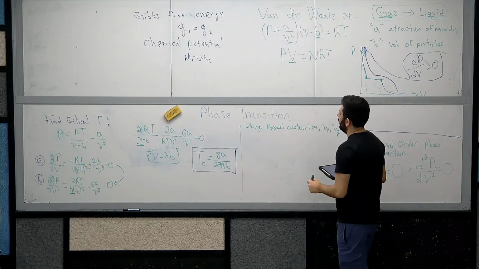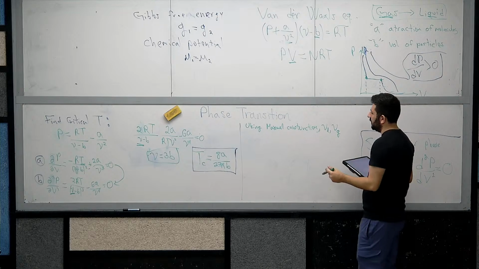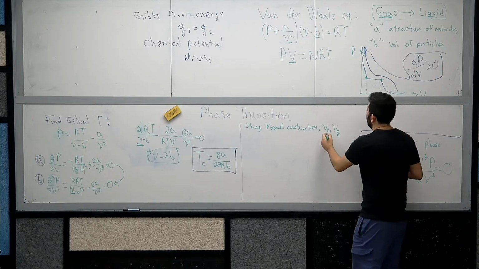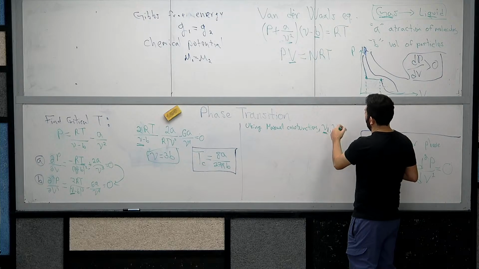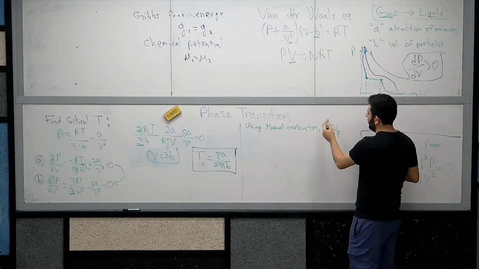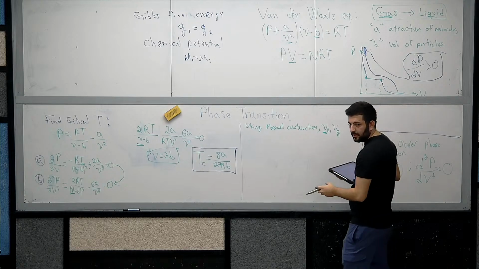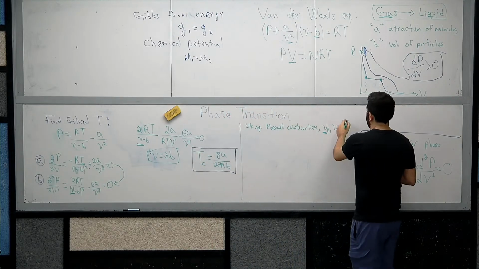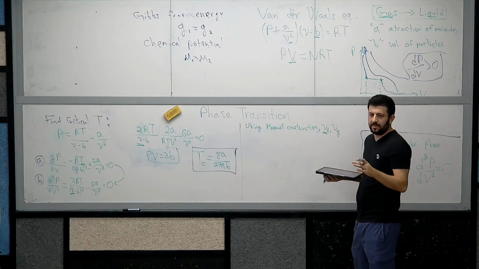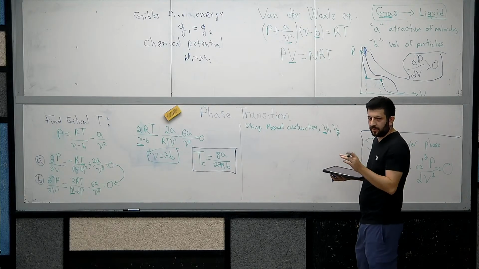We want to derive a mathematical expression that tells us if we know the volume in the liquid phase, then we have the molar volume in the gas phase, and the other way around. Of course, this only makes sense in equilibrium between the two phases.